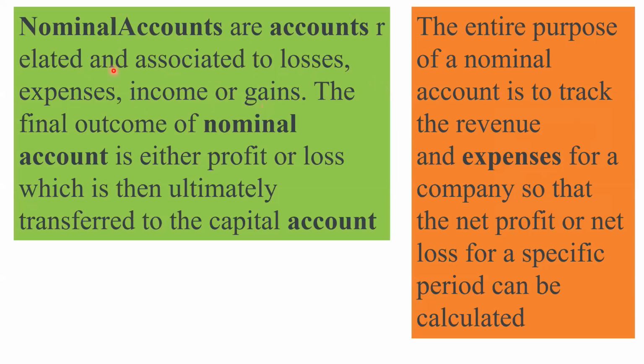So nominal account means always remember it is related to loss. If the company is under loss, all those losses have to be mentioned separately. In what account? In nominal account. Expenses: we are going to do the expenses, that means I'm going to spend a lot of money on the business. So that should come under nominal account. Then income I'm getting, revenue I'm getting, that also should come under nominal account.